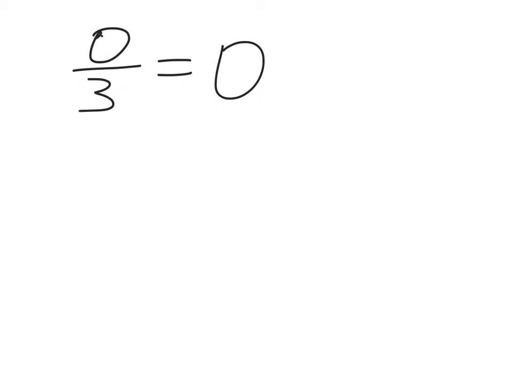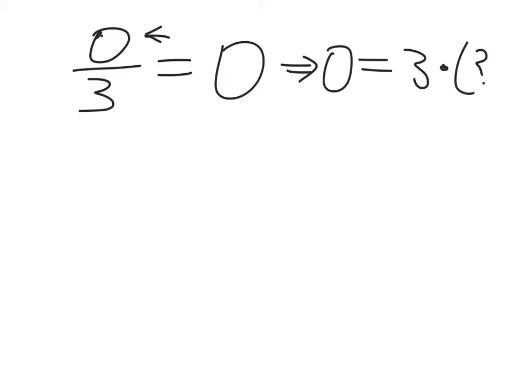We do get a valid number for that, because with this 0 here, we're asking 0 is 3 times what value? And we can say anything times 0 is equal to 0. So 0 divided by 3 does equal 0.